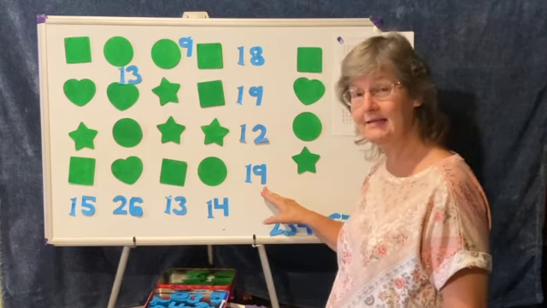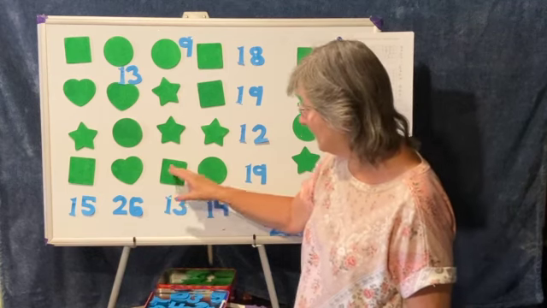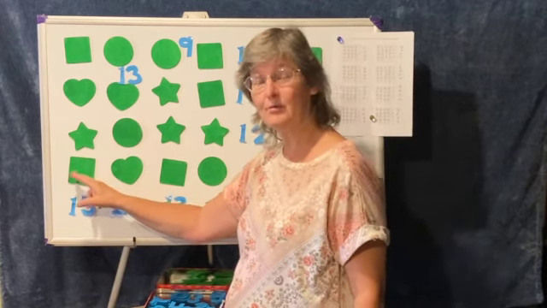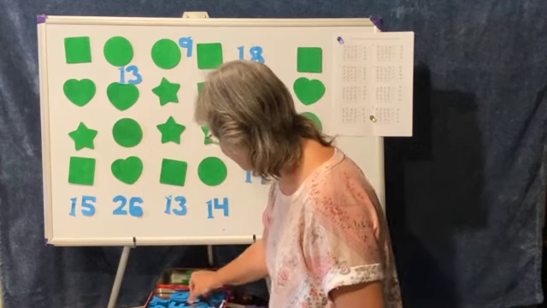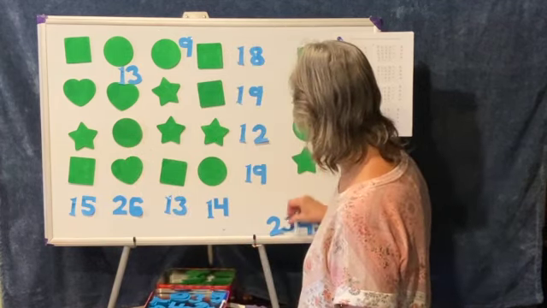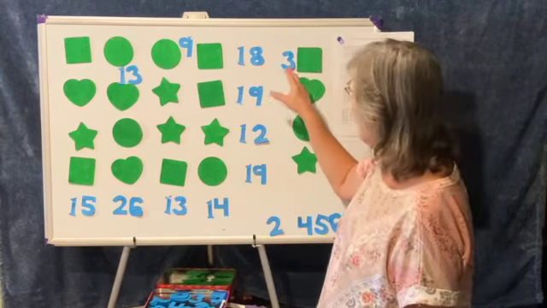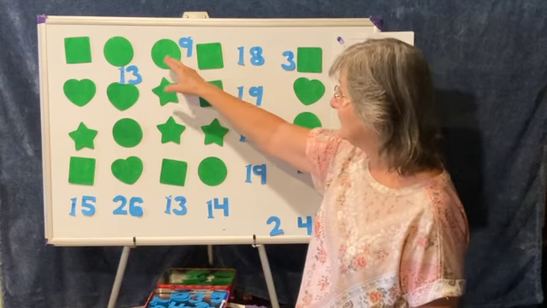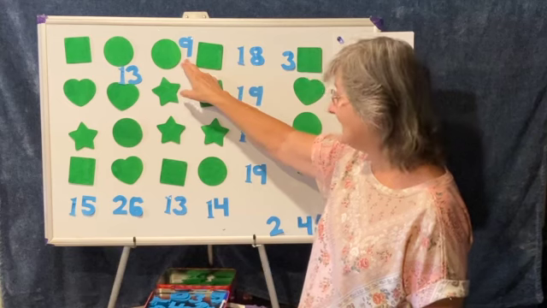If we take 19, take away 13, we're left with 6. That means 2 squares equals 6. 1 square equals, that's right, it equals 3. We found our first shape is 3. Once we know that, we can get the circle, because a square and a circle equal 9.